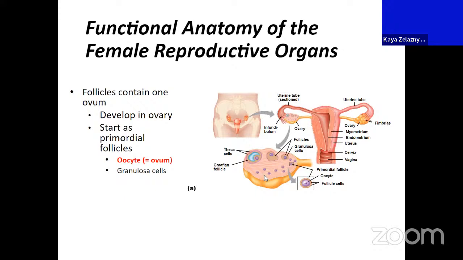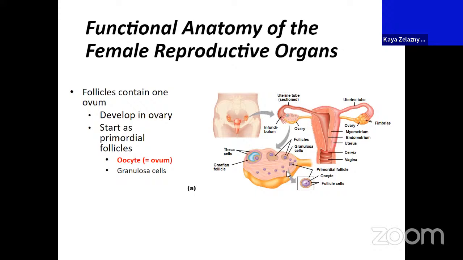We're going to be thinking about what's going on in an ovary, and specifically what's happening inside a follicle in the ovary. The ovary is going to contain many follicles. We can see these circles that we're looking at. Those are our follicles.